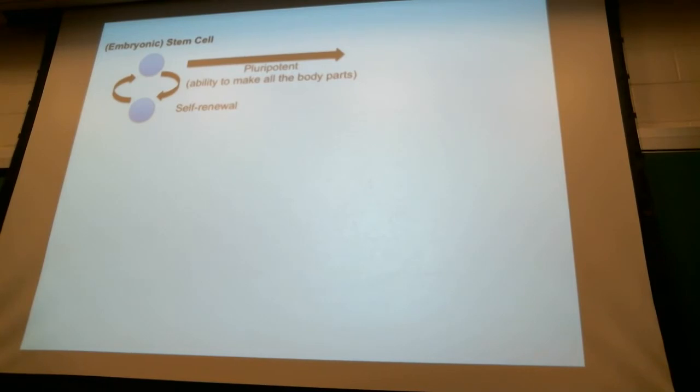And that's kind of useful because then if you want, you can give them a cue and then make a certain cell type. Why is it useful? Well, let's think about Parkinson's disease. Parkinson's disease is the most common neurodegenerative disease in humans, which is caused by a loss of a very particular neuronal pathway.